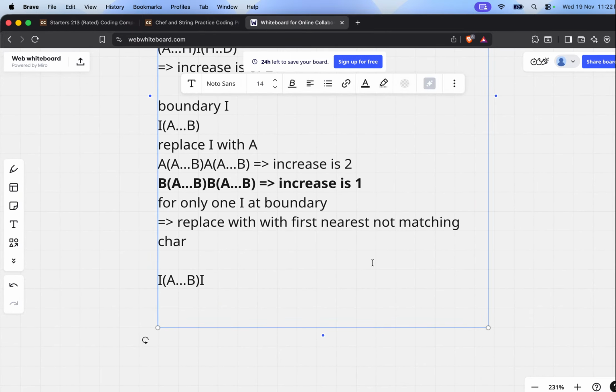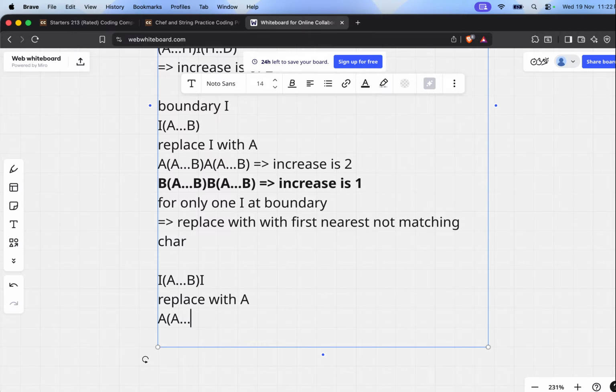First replace with A. Then replace both the I's with A. Okay. So here is an increase, here is an increase, here is an increase. That is it. 3 increase.